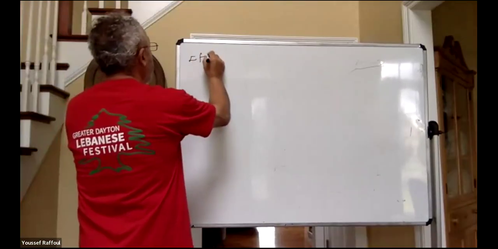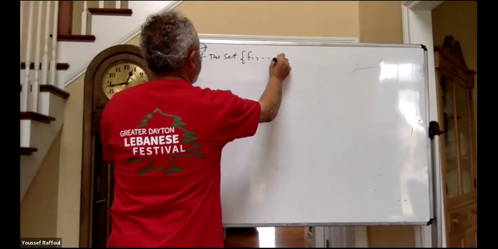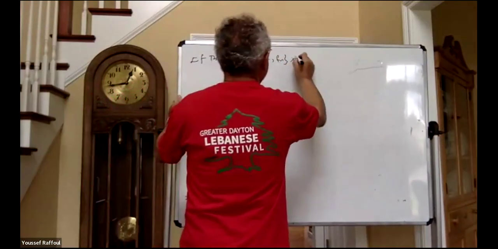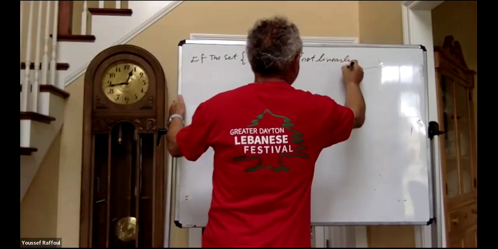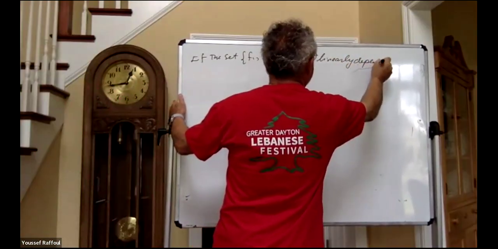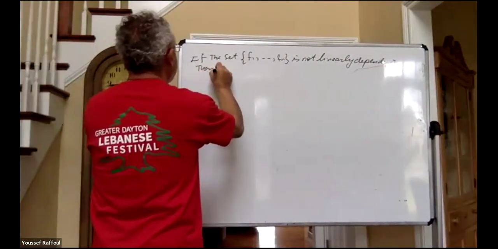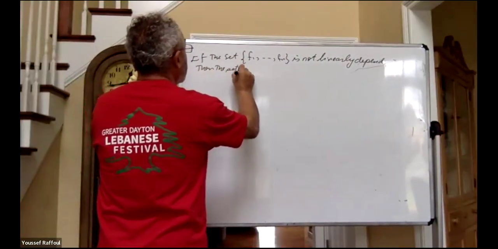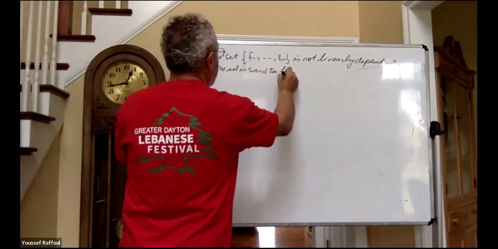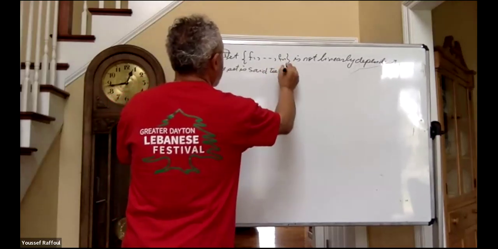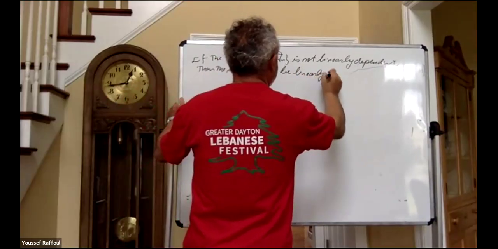Now, if the set f1, fn is not linearly dependent, then the set is said to be linearly independent.